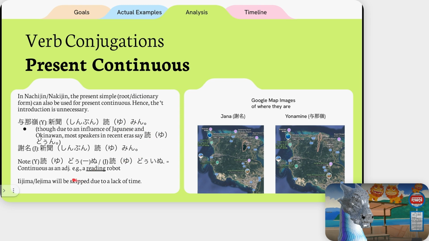So yeah, despite that though, the base form should be the same.